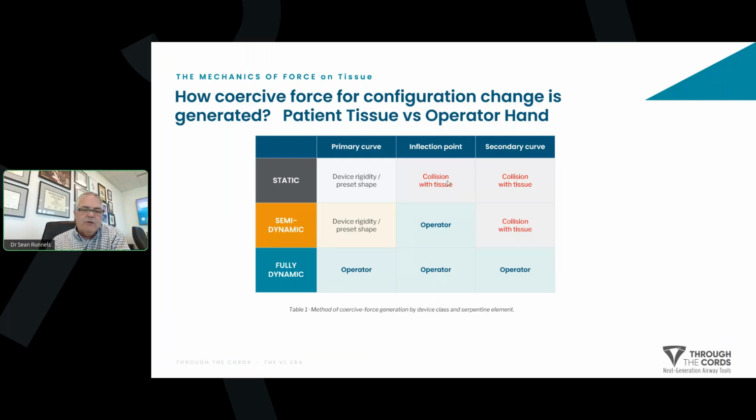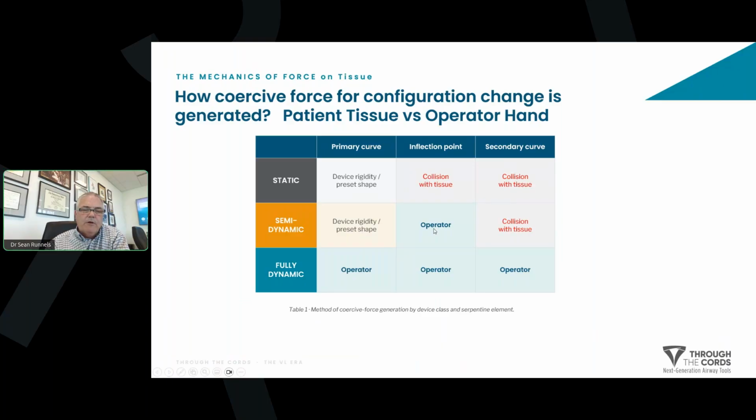At the inflection point, force comes from collision with the anterior structures of the trachea and the glottis. And for the secondary curve, again, we need to bend that snake's back so that it can form that serpentine pathway, and that is done with coercive force from tissue collision. Semi-dynamic equipment: the primary curve, device rigidity and preset shape.